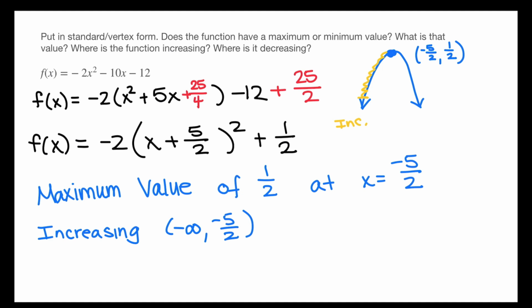This graph is increasing from the left side, which is negative infinity, until you get to that vertex, which is negative 5/2. So it's increasing from negative infinity to negative 5/2. The other half of the graph is decreasing or going down. So that would be from x equal negative 5/2 all the way to x equal infinity.